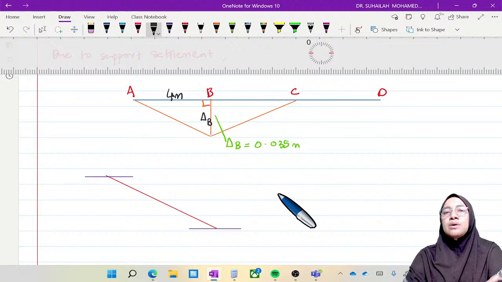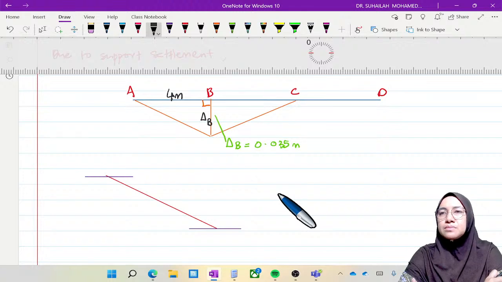Remember that it is the same as what I have explained in frames. The column is a vertical member, the delta is horizontal, and they must be perpendicular, so we have to identify where the triangular is.